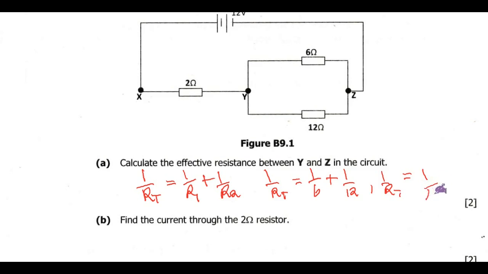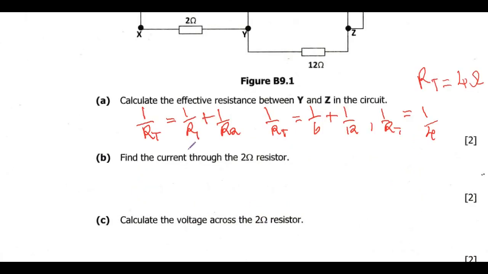Find the current through the 2 ohm resistor. Okay, what is the current there? So we know that according to Ohm's law, voltage is equal to current times resistance, right? So here, find the current through the 2 ohm resistor.